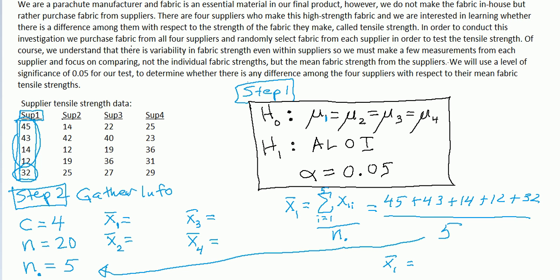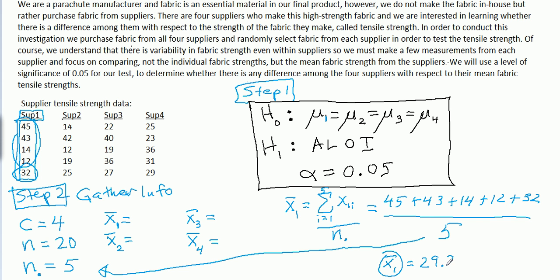okay, and once I have punched these numbers into my calculator, I see that the sample mean tensile strength from supplier 1, which is what this symbol is indicating, sample mean as opposed to population mean, which we don't know, right? This is what we want to know, but we have to settle for a sample, okay?